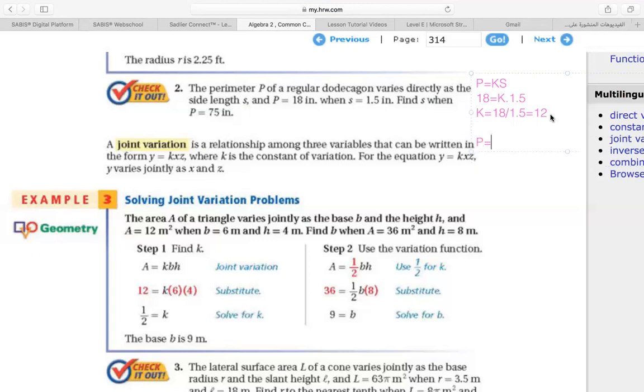P is equal to K S. P is 75 equals K, what is the value of K? 12, multiplied by S. It is required to get the value of S. So 75 divided by 12. So S is equal to 75 divided by 12, which is equal to 6.25 inches. And don't forget, please, to write the units.